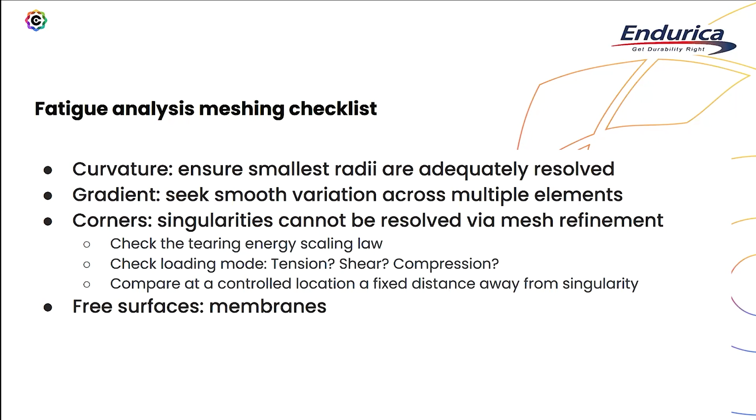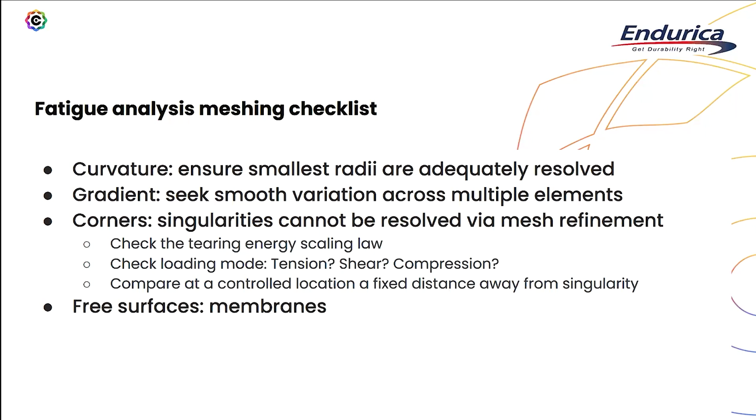You have an element with very long life right next to an element with very short life, and that's not desirable. What you want to see is a solution that from one element to the next is following some sensible trend, right? It has a reasonable gradient, and with the hex elements, we tend to see that quite a bit more. So that's the next thing you can look at.